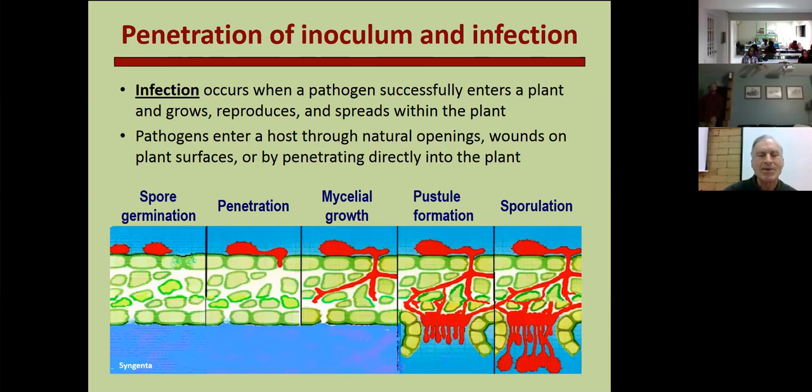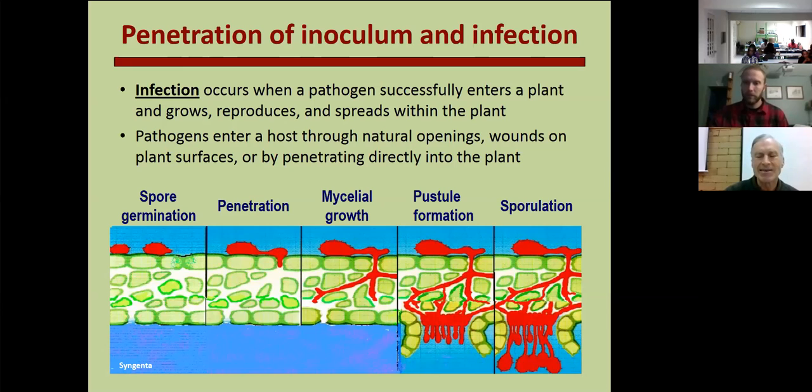So the next step in disease is for the pathogen to get into the plant. And so this is an example with fungi. You know, other kinds of pathogens get into the plant differently, but in this case, the fungus spore germinates, and it grows down into the plant.